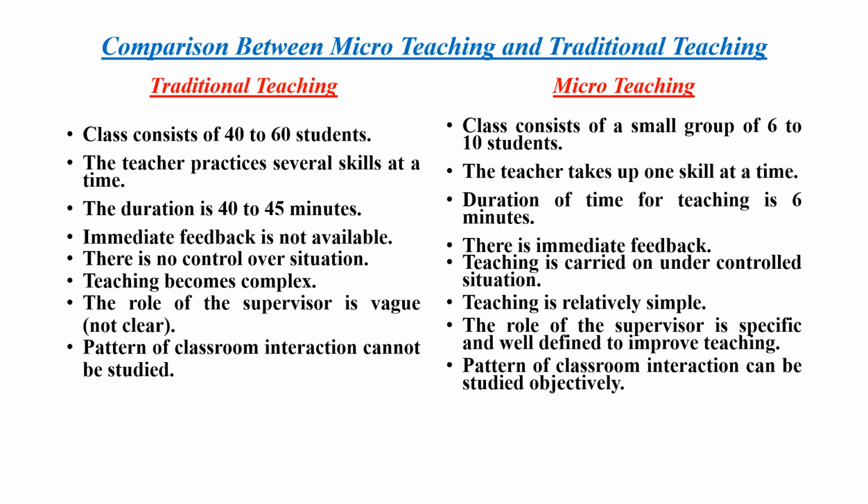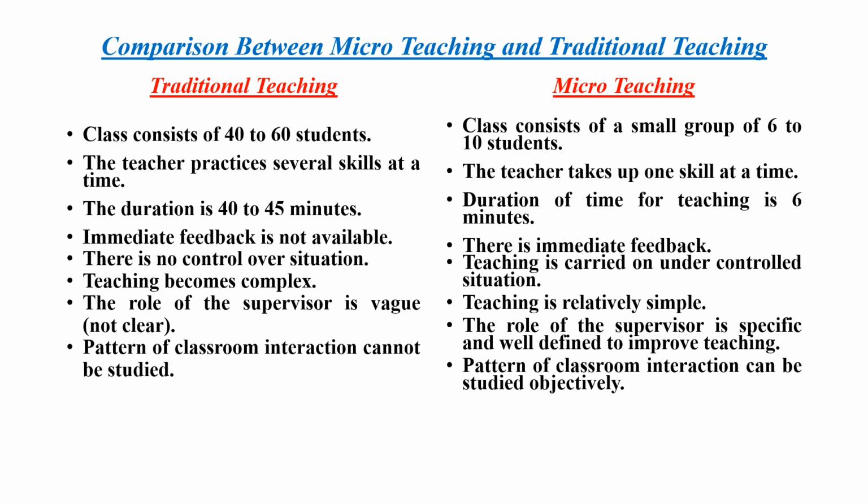The duration of traditional teaching is 40 to 45 minutes, whereas in micro teaching the duration of teaching is 6 minutes only. In traditional teaching, immediate feedback is not available, whereas in micro teaching immediate feedback is provided.